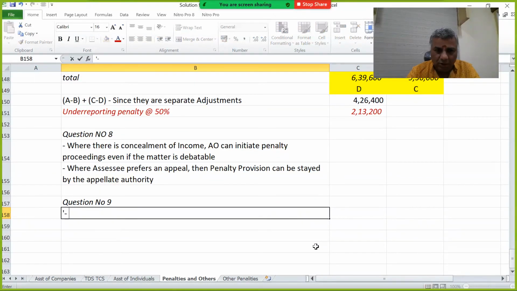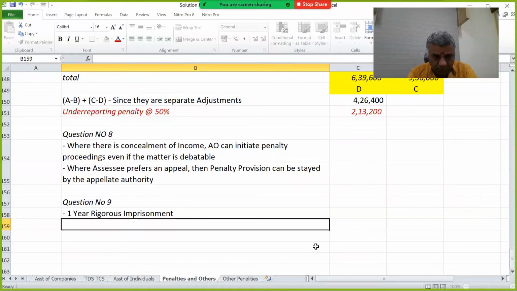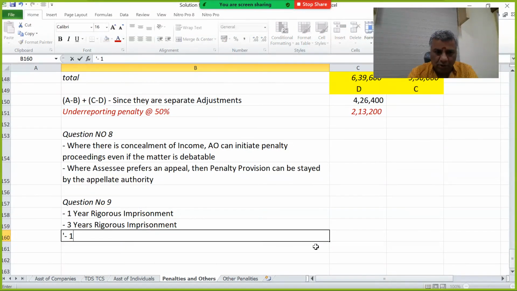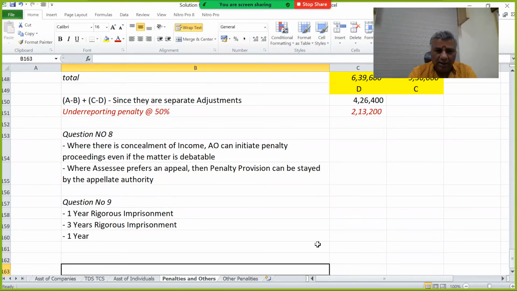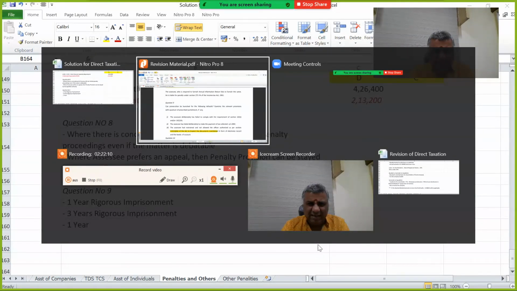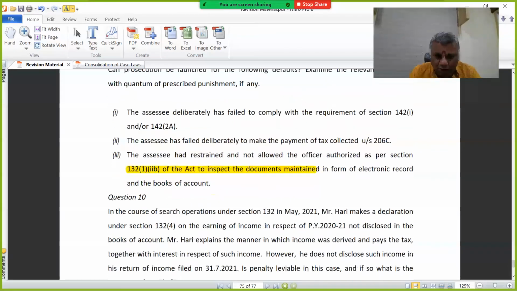That's all. So 1 year, 3 years, and the last one also 1 year rigorous imprisonment. Don't worry about prosecution.